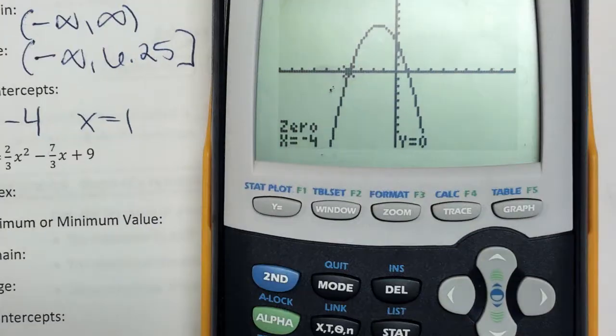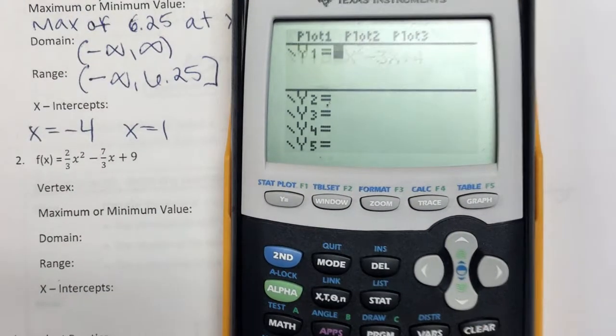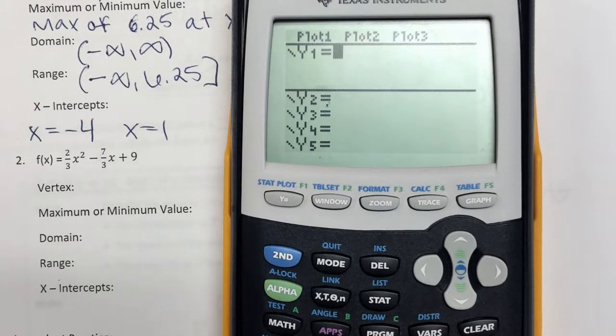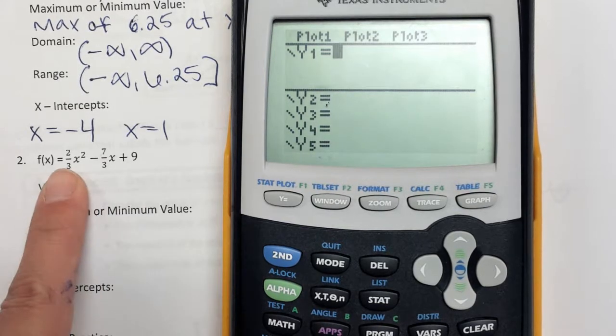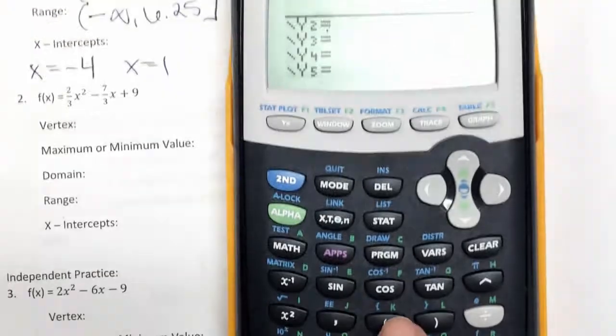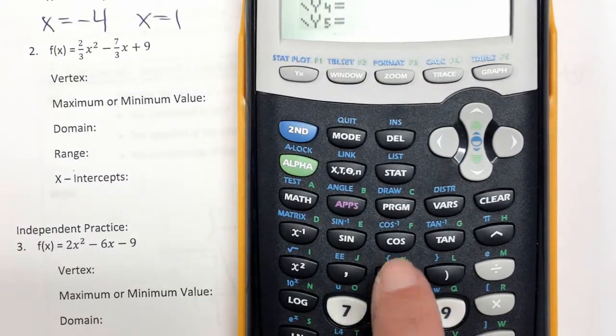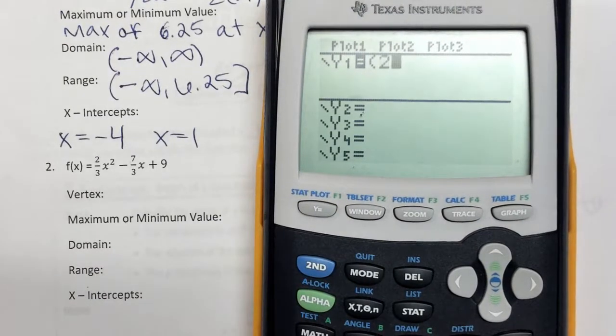Go back to y equals. Clear that out. So go y equals and clear out your function we already put in. Now we're going to put in this one. So for fractions, you just do like 2 divided by 3, but put in parentheses. So hit this open parentheses first, this one. 2 divided by 3.